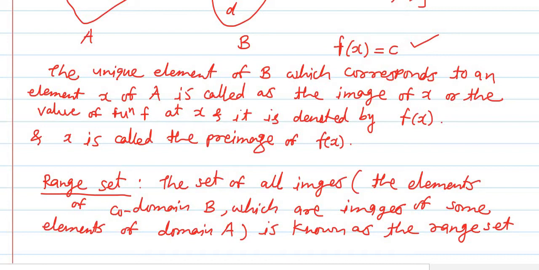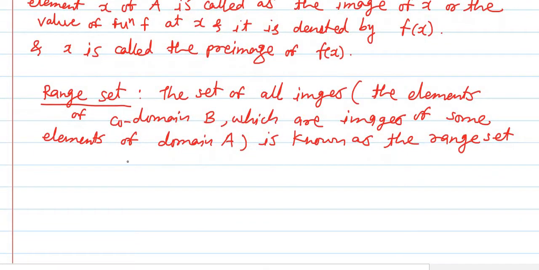If F is a mapping from A to B, then the range set of F is denoted by F of A. From this definition, it is clear that the range set is always a subset of the codomain of the mapping.